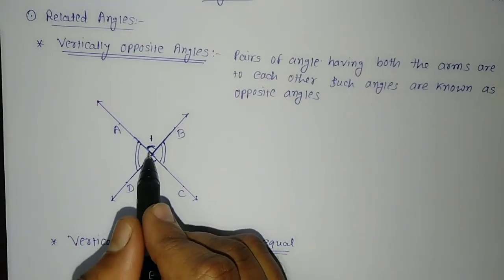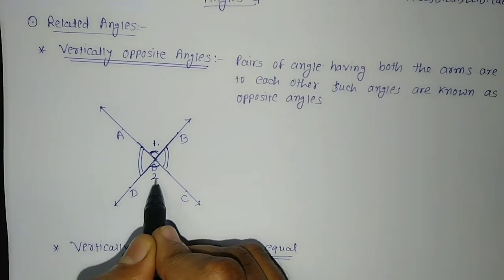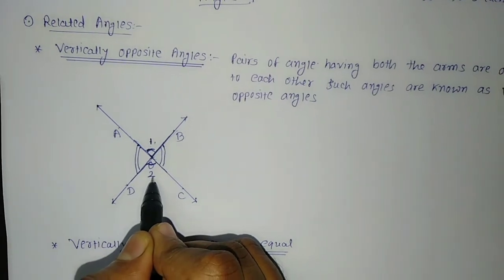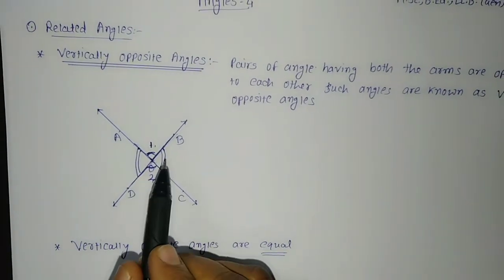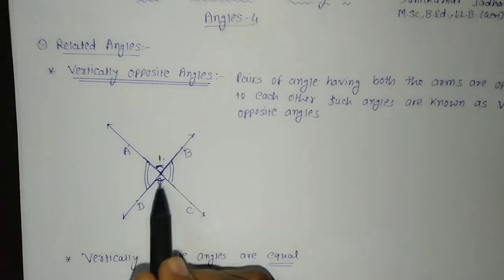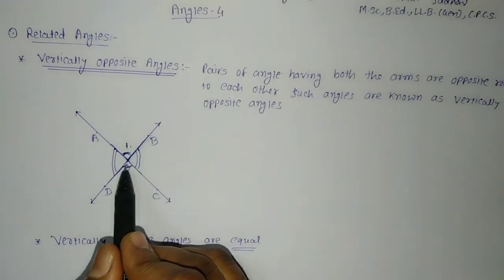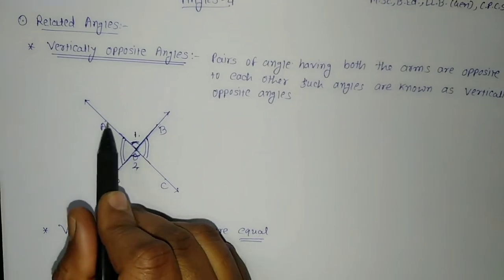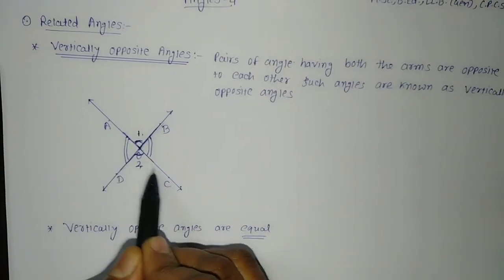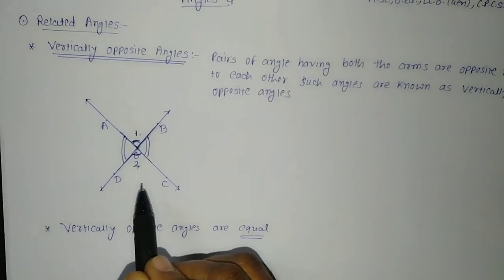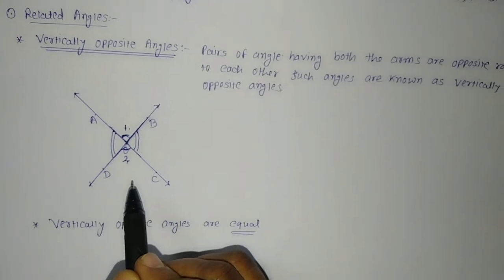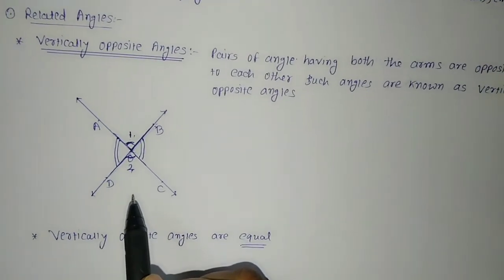So such angles 1 and 2 are called vertically opposite angles. As per the definition, a pair of angles having both arms opposite rays to each other are called vertically opposite angles.